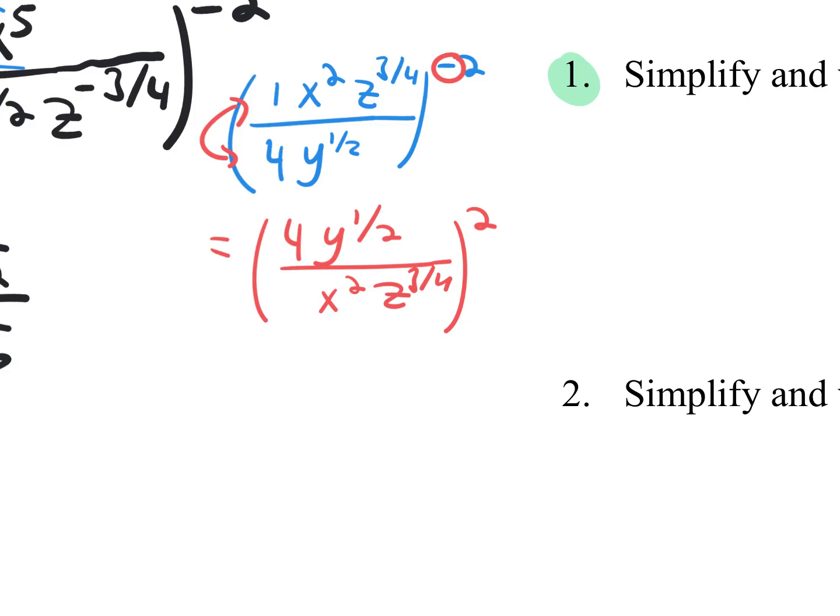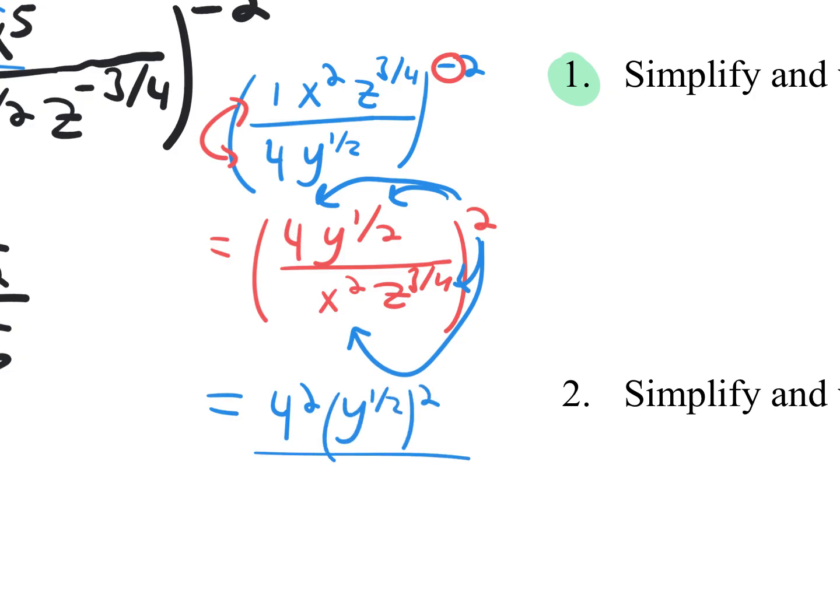From here, we can distribute this exponent of 2 to everything on top, and then everything on the bottom. So we get 4 squared, y to the 1/2 squared, over x squared squared, and then z to the 3/4 squared.